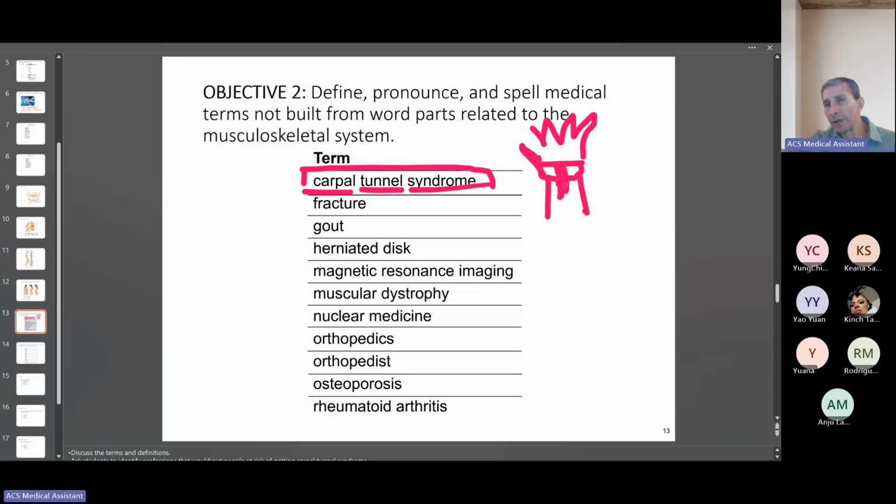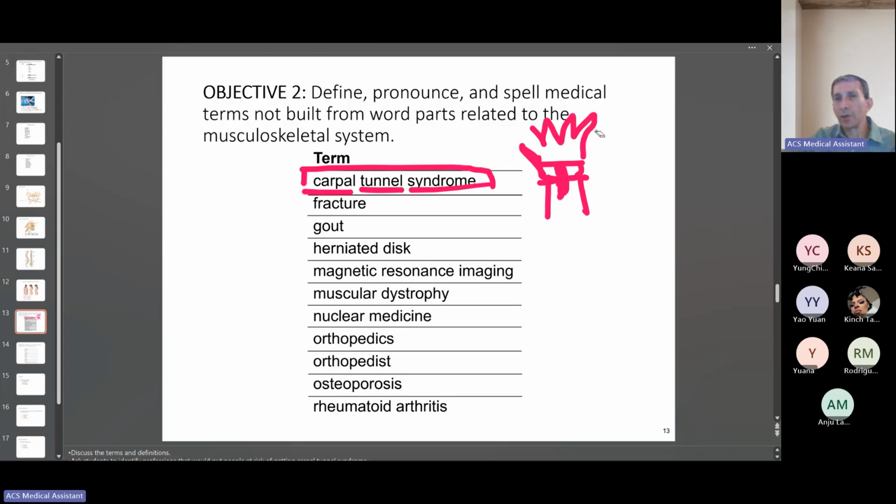Because it becomes narrow, the nerve swells up and causes pain. You're not able to move the hand much, hold things, or close your hand. That's called carpal tunnel syndrome. They have to do a procedure, of course, to release these nerves. But carpal tunnel syndrome is a condition of the bones, remember.